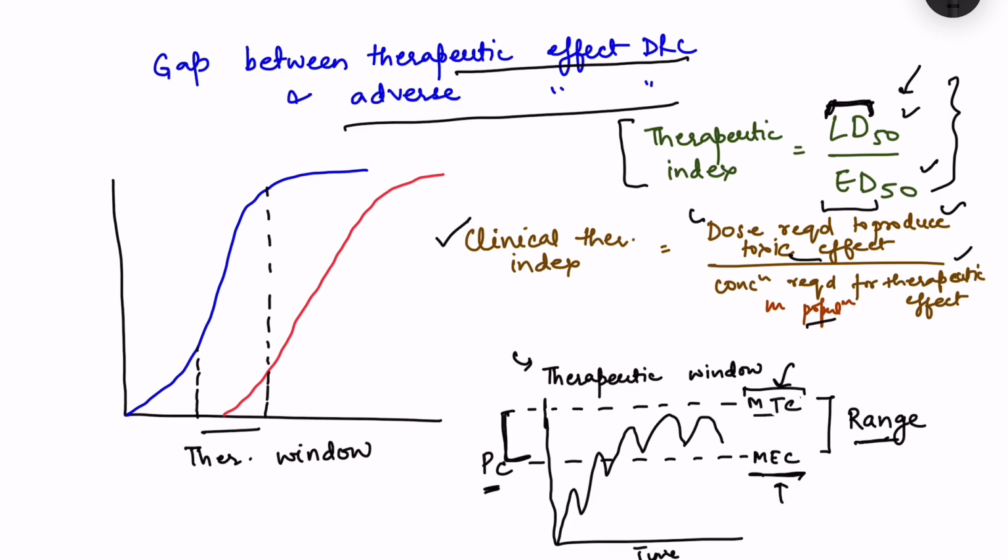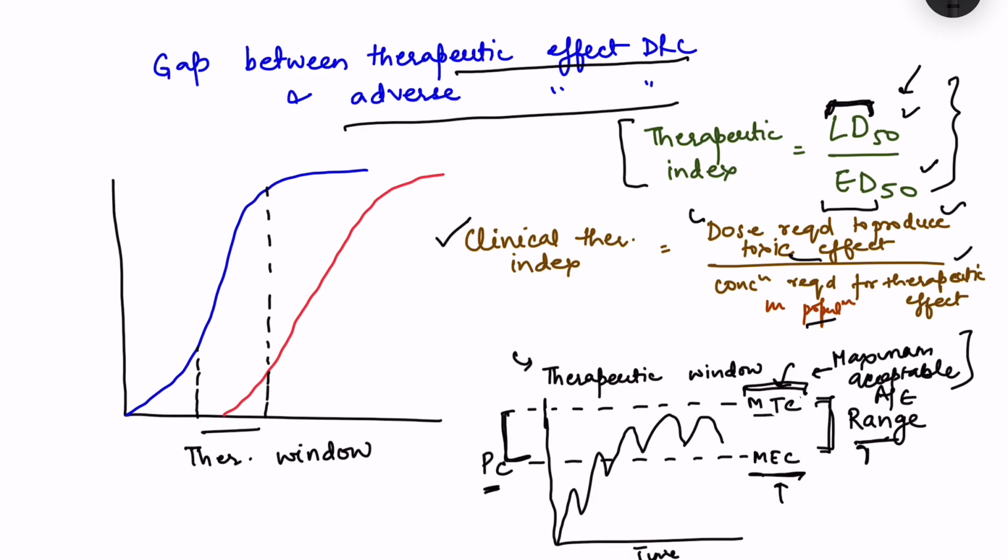So the dose at which the toxic effects will appear, or the adverse effects which are acceptable. The maximum acceptable adverse effect means the adverse effect which can be there, we will tolerate it, but not above this. So the range of the plasma concentration which comes between that forms a therapeutic window.